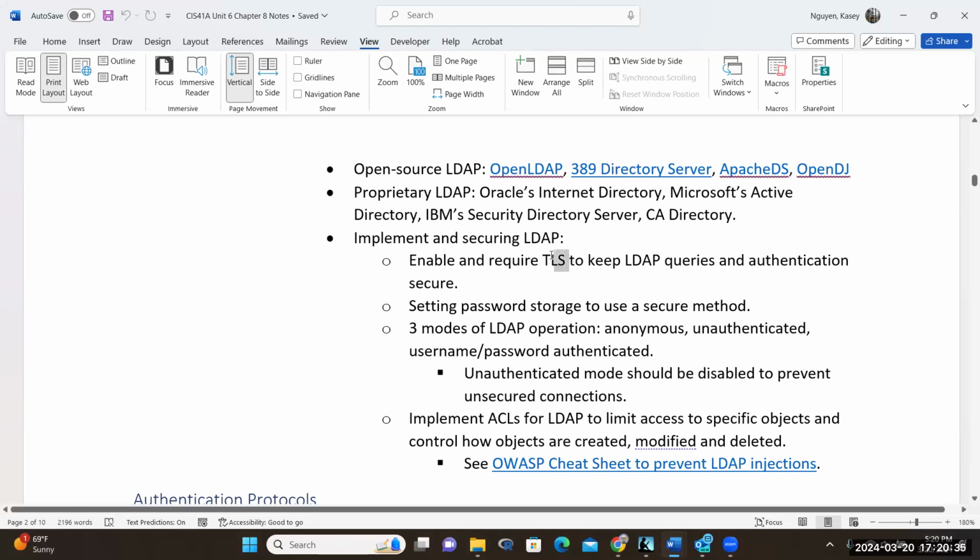So TLS piggybacks on HTTPS, so that the user can authenticate using a username and password through the web interface. For example, when people are logging into their bank account or paying their bills online for the utility companies, things like that, you basically use this in the back end.